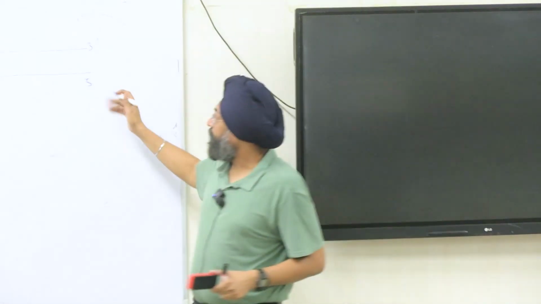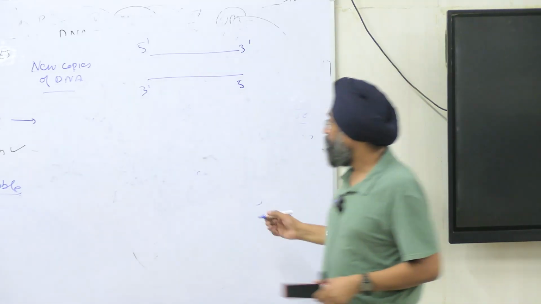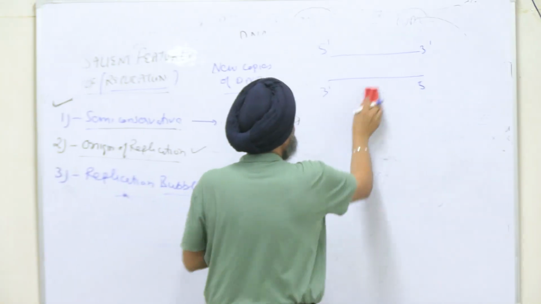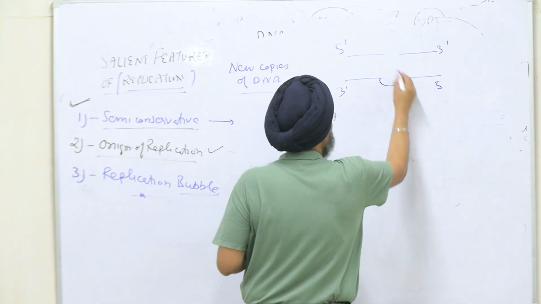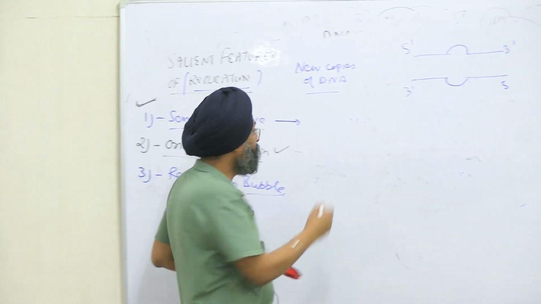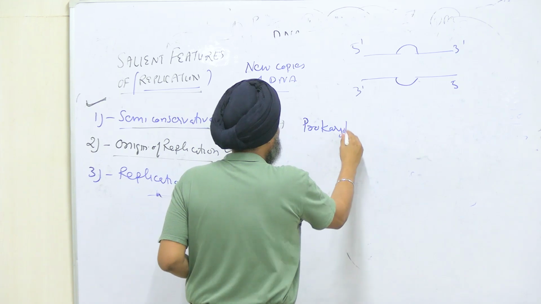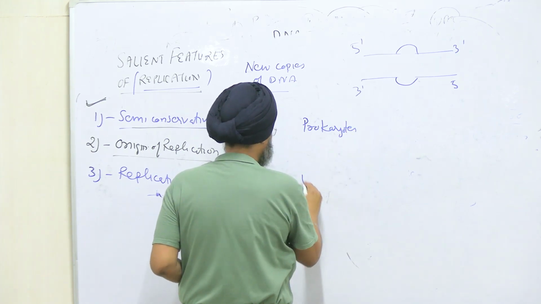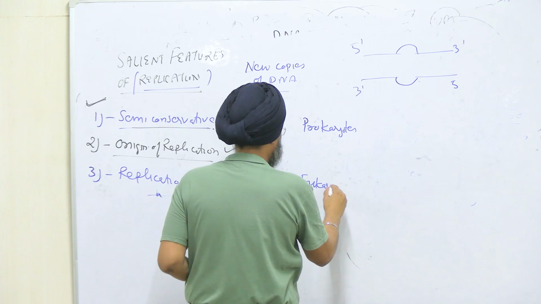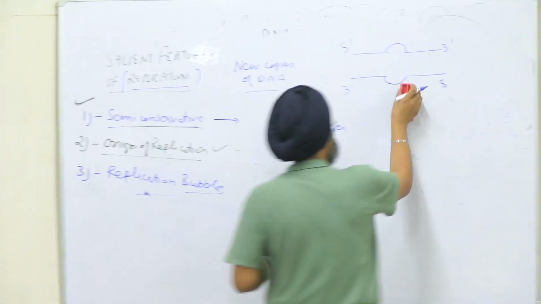The two strands, one is 5 prime to 3 prime, another is 3 prime to 5 prime. Now, there is a formation of a bubble where replication starts, right? There is a difference in prokaryotes and eukaryotes.